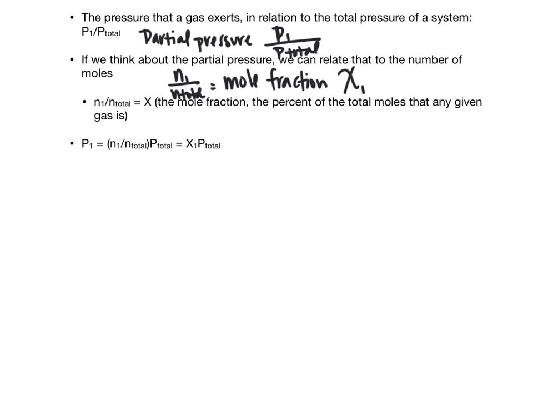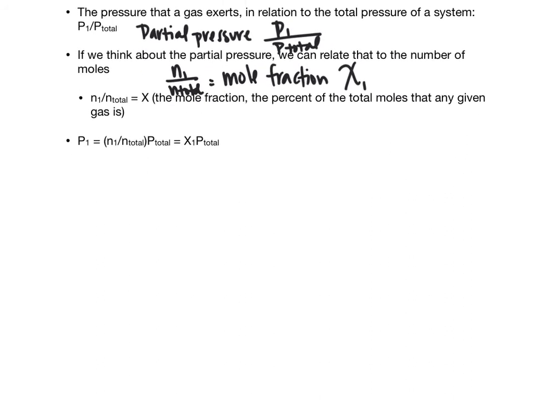So if you remember when we derived the P1 equals P2, the total pressure, where we saw that P total equals N total times RT over V. Now we want to be able to solve easily for P1 or P2.